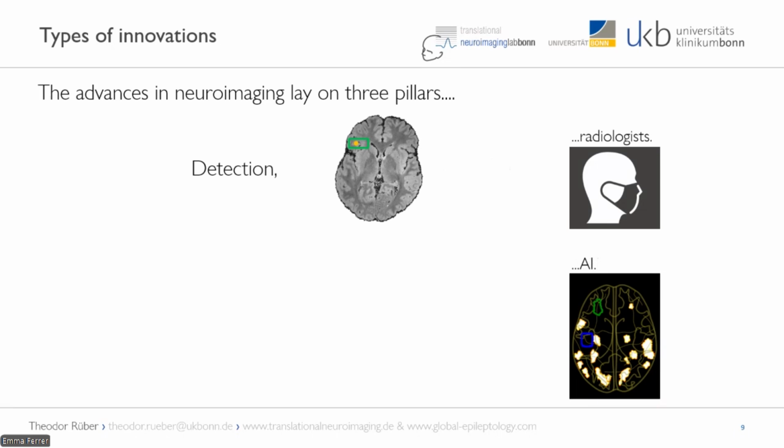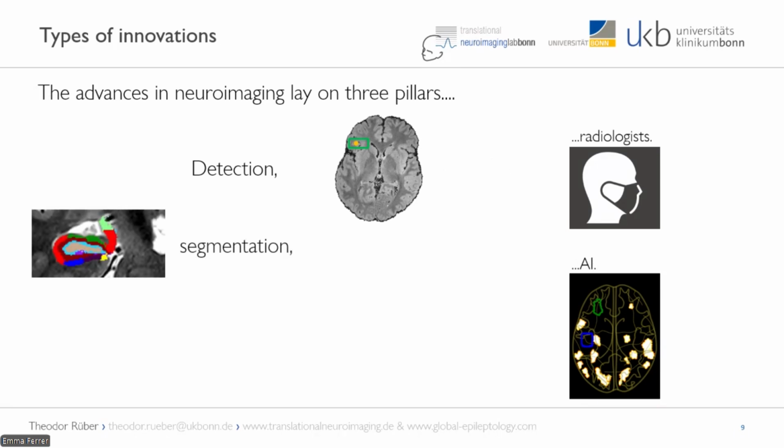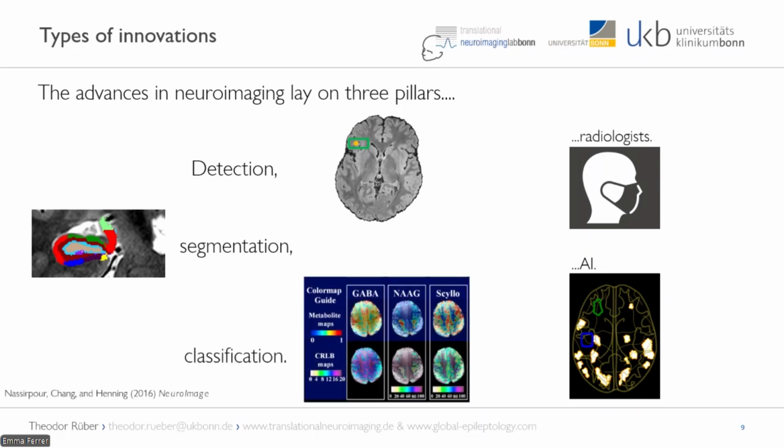So if you want to localize a lesion, that is a detection task that is being asked for. But there are also other tasks. There is, for example, segmentation, or there are classification tasks. And you cannot per se say that 7T is better than 3T if you do not name in which of these domains, basically, right?